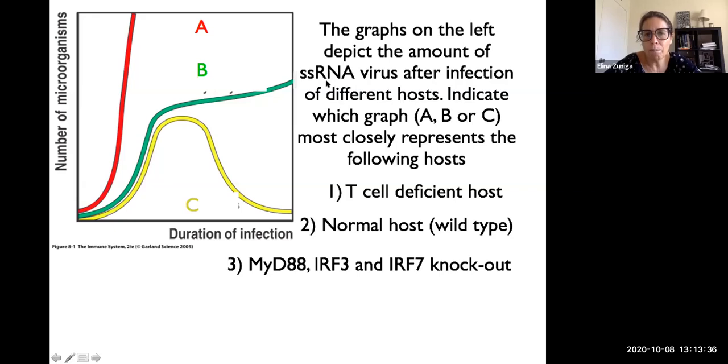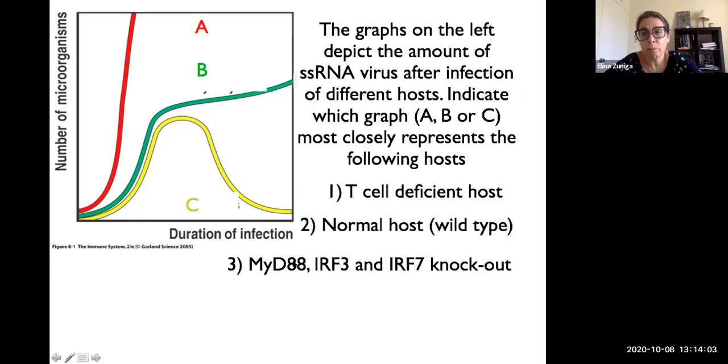So this virus will generate double-stranded RNA as an intermediate. This double-stranded RNA is sensed by the CARD-like sensors or RIG-I. But remember, to produce any interferon, you need IRF3 or IRF7, okay?